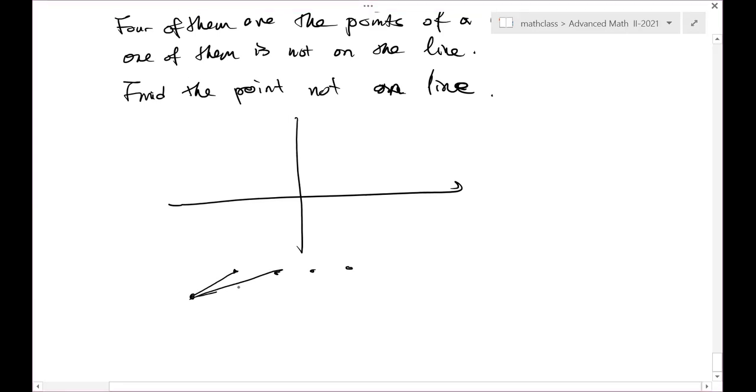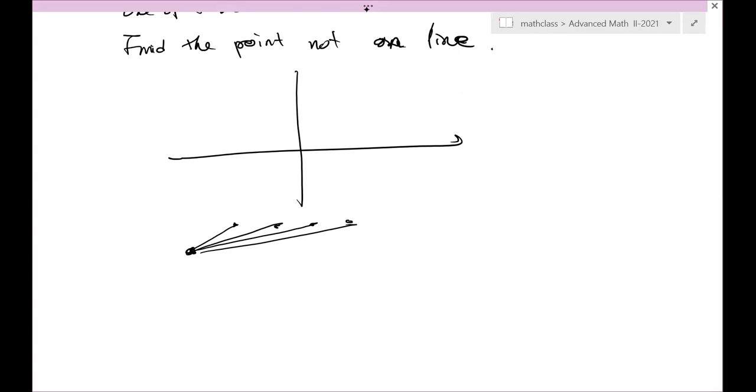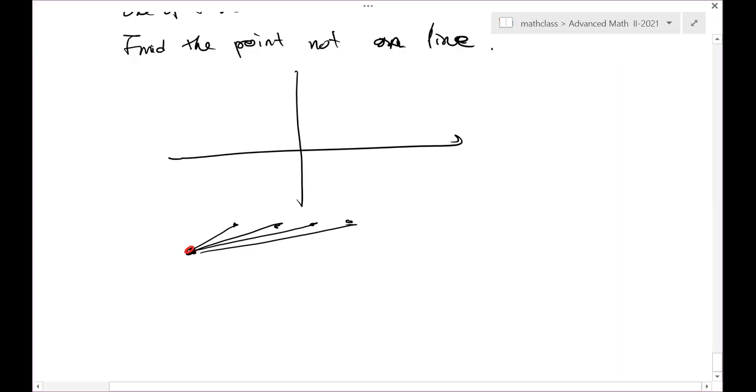If you pick a point which is not on the line and find the slope of the segment passing through it and each of the other 4 points, you get 4 slopes that should all be different.